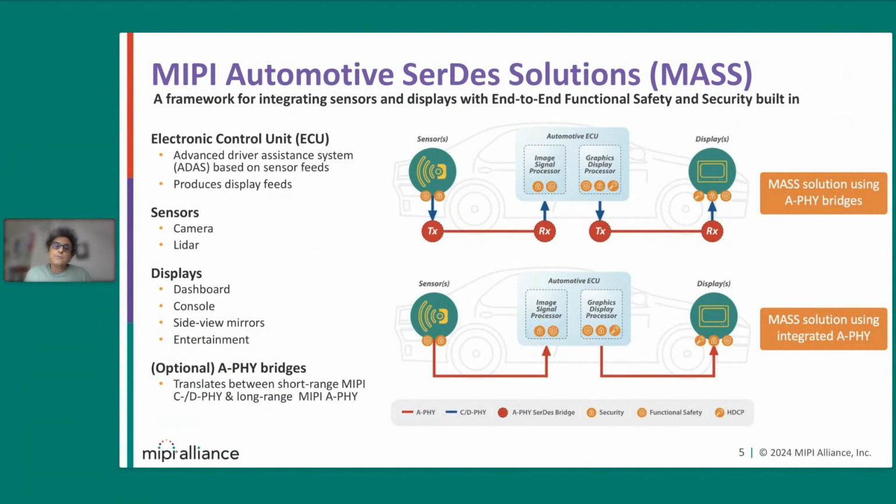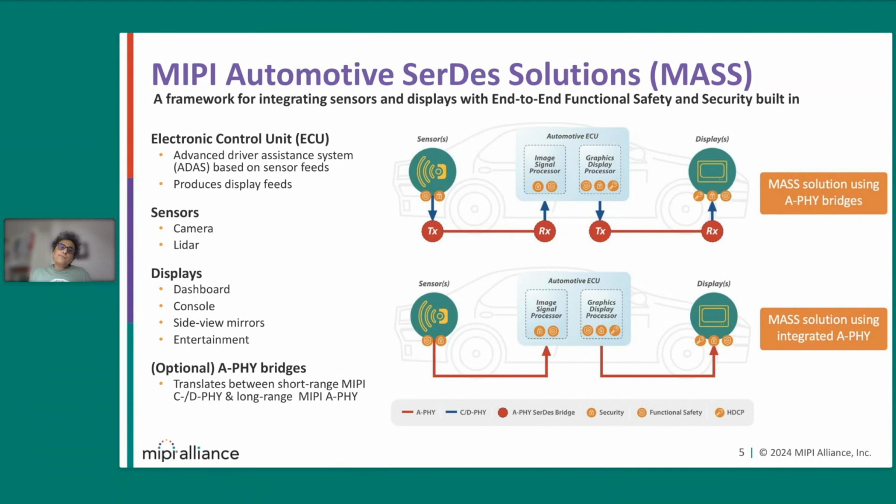So basically, in a car, we can have a large number of sensors, such as camera, radar, lidar, all around the car, and they are connected via long reach PHY or SerDes. In that case, we have under the MIPI MAS framework the MIPI A-PHY, which is a very robust PHY. And tomorrow, I think, we will have more presentation about that.